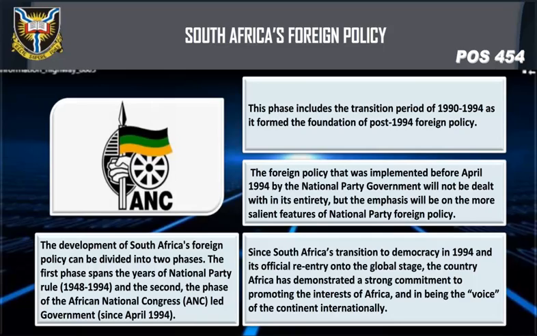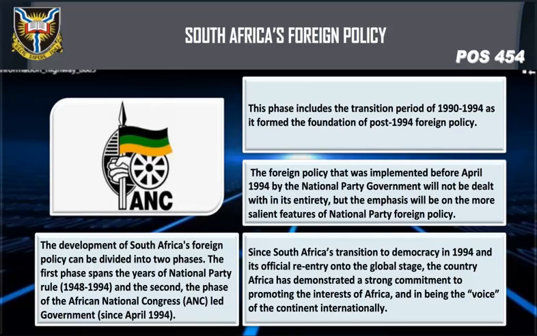This phase includes the transition period of 1990 to 1994, as it formed the foundation of post-1994 foreign policy. The foreign policy implemented before April 1994 by the National Party government will not be dealt with in its entirety, but the emphasis will be on the more salient features of National Party foreign policy.